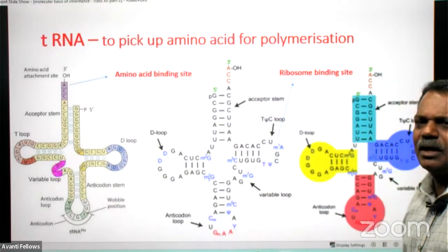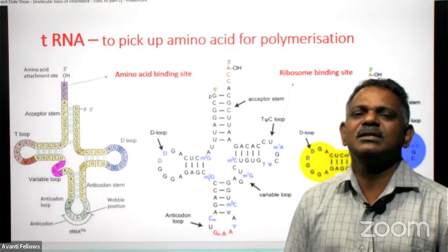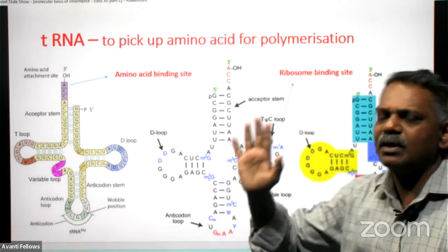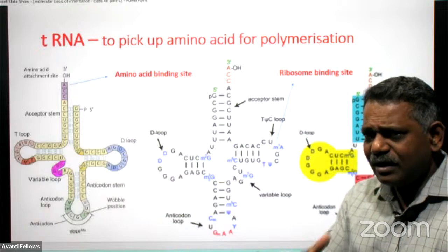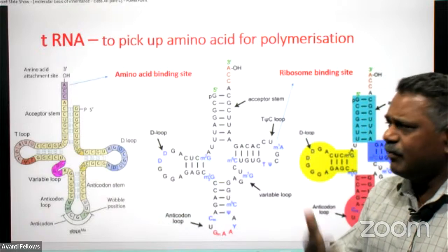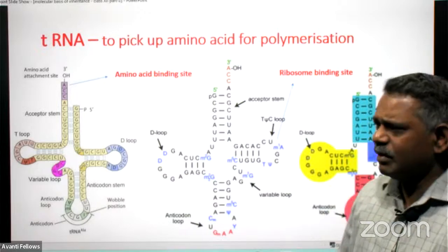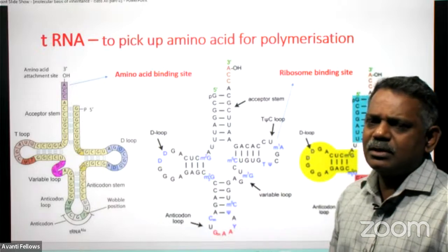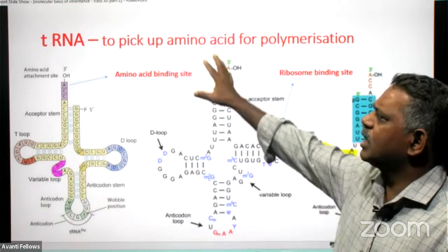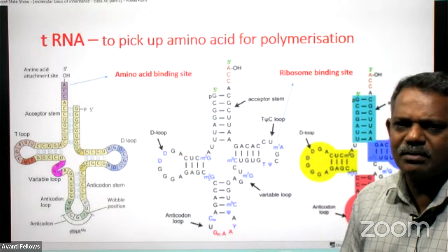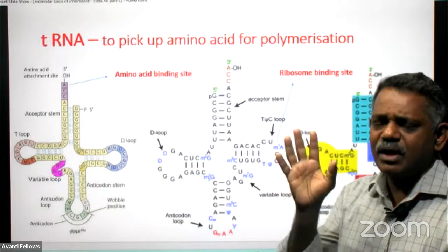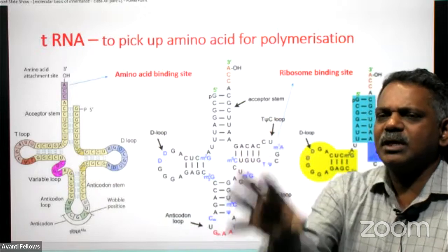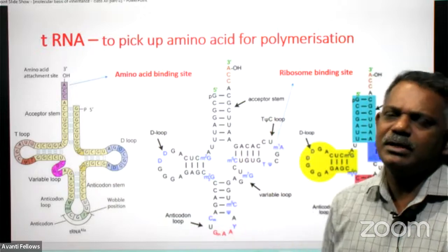So what is the function of the tRNA? How does it help protein synthesis in the cell cytoplasm? It is only to carry the 20 different types of amino acids. To carry 20 different amino acids, different tRNAs are there. We will see after discussing the genetic code in detail. In total, 61 different types of tRNAs are there in the cell cytoplasm, and using these it is possible to carry 20 different amino acids to the site of protein synthesis.